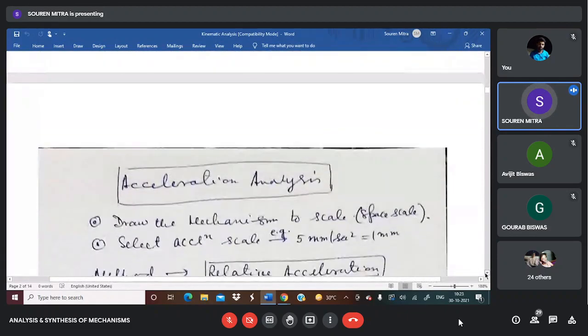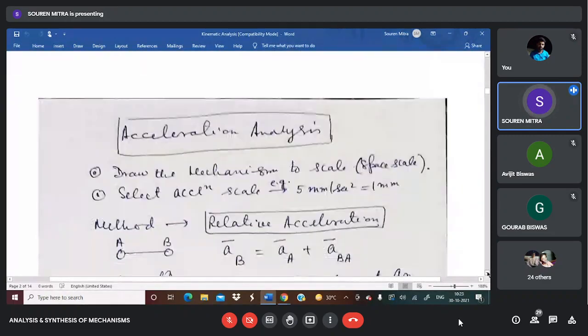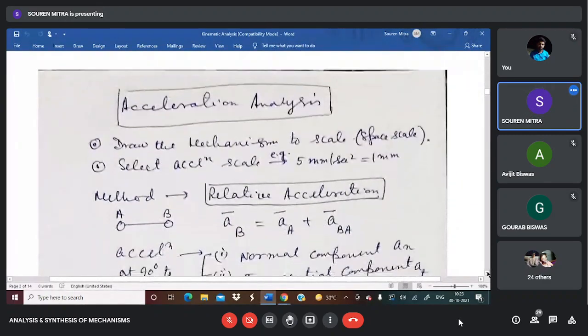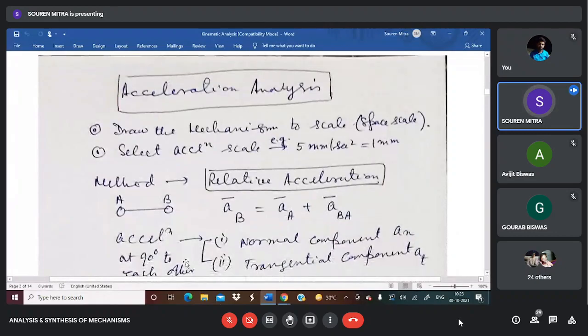And regarding acceleration, the rate of change of velocity is acceleration. So what are the steps to be followed? First you have to draw the mechanism to scale as usual, space scale. And of course, one thing I didn't mention over here, you have to complete velocity analysis first. Without completing velocity analysis, we cannot do acceleration analysis, because some of the acceleration components depend upon the velocities.